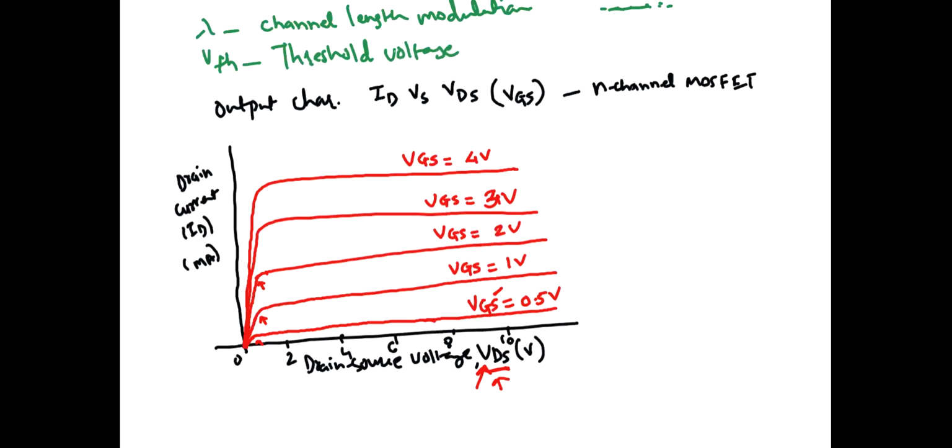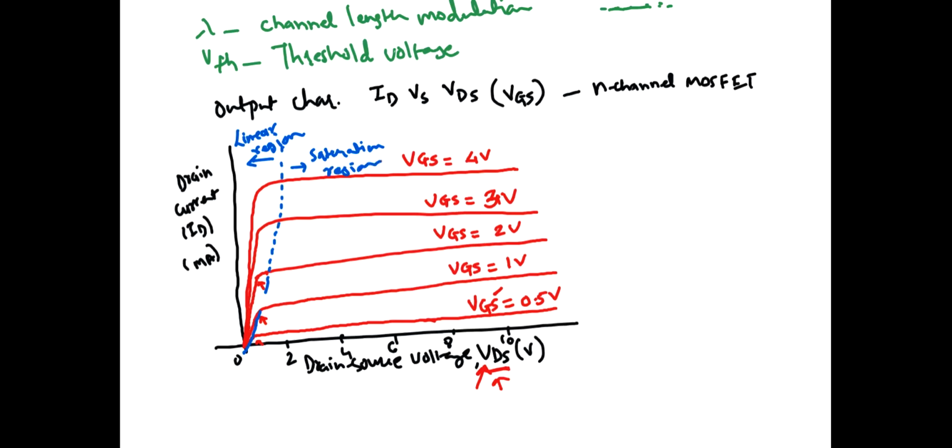Now here, there are some important regions that we will indicate. We'll draw the line, and the area to the left of this line is called the linear region of the MOSFET operation, and the area to the right of this line is called the saturation region of operation.